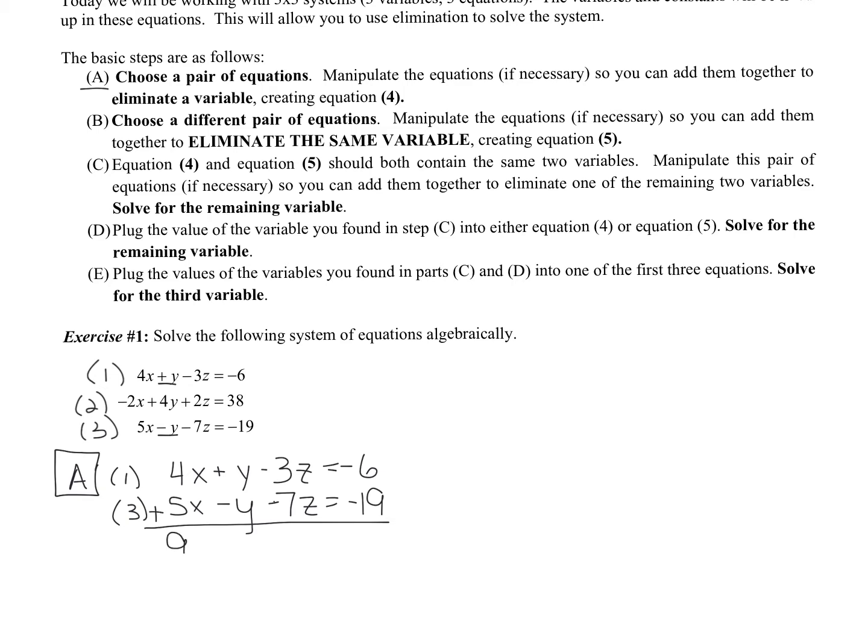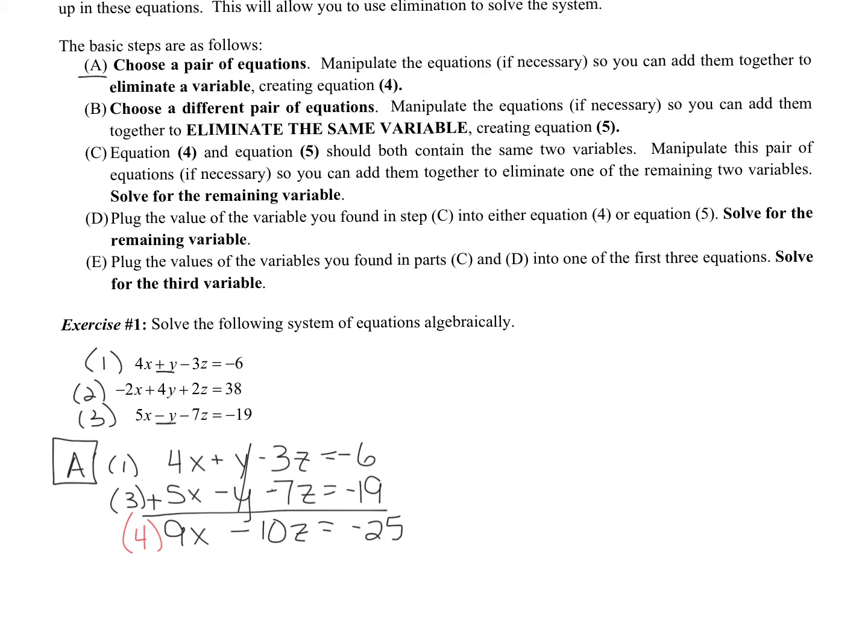That gives me 9x. These 2 are eliminated. And we have minus 10z equals negative 25 in this case. Now that's a new equation, so I'm actually going to label that equation 4. Okay, so it's another true equation in our process.